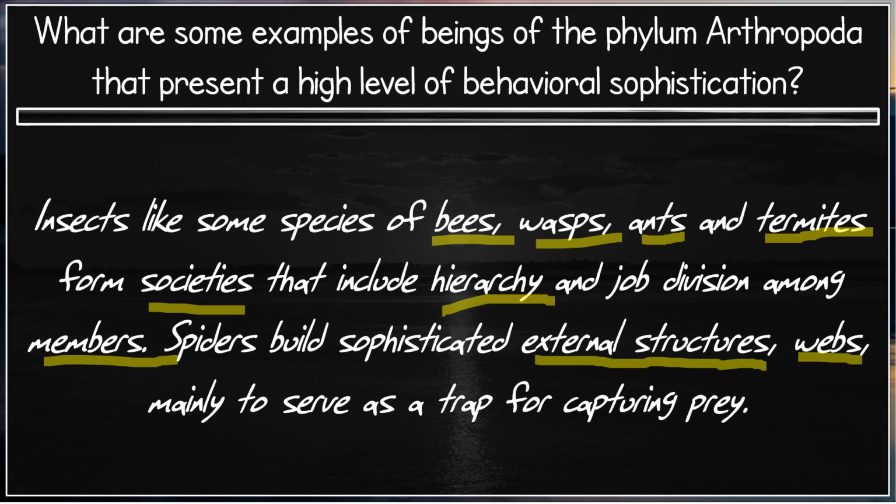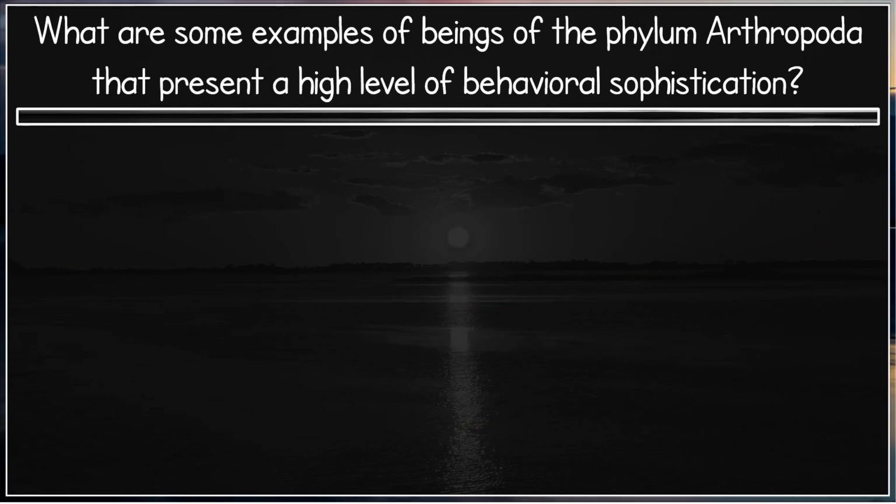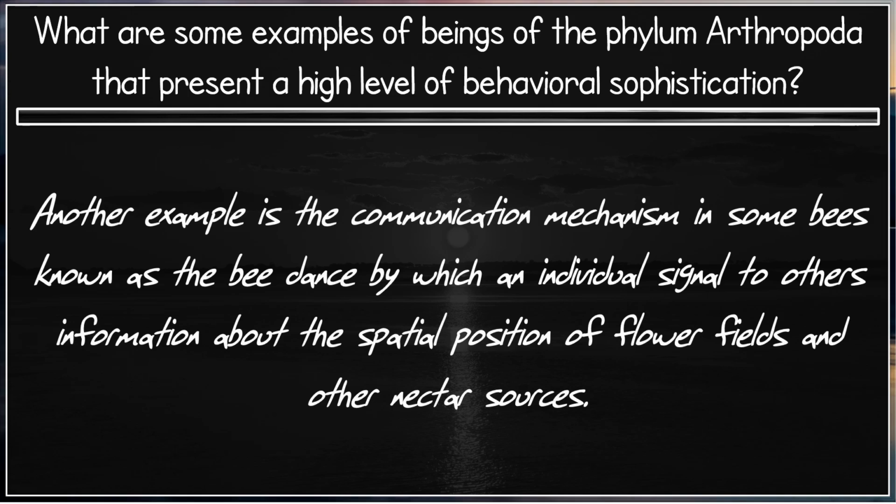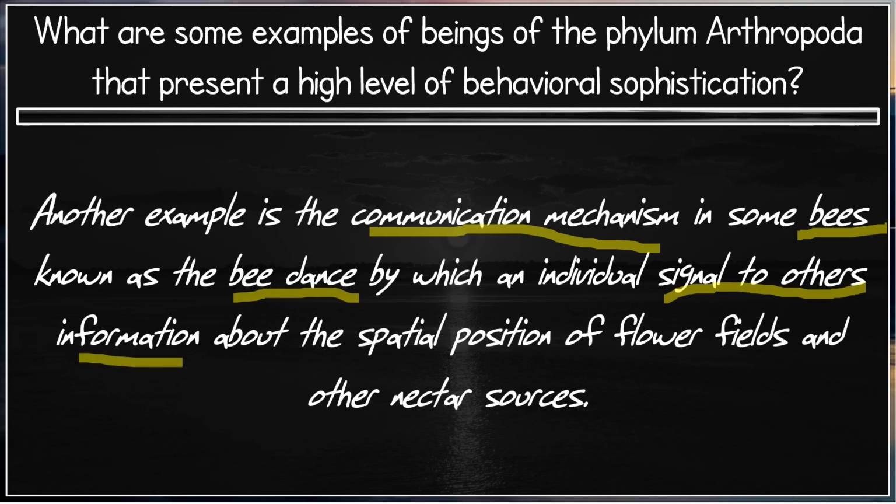Webs mainly serve as traps for capturing prey. Another example of a communication mechanism is in some bees, known as the bee dance, by which individuals signal to others information about the spatial position of the flower fields and nectar sources.